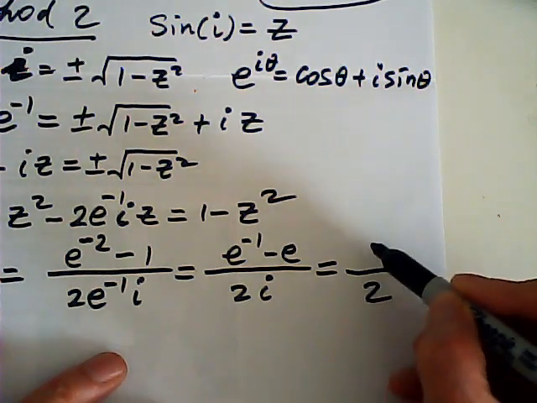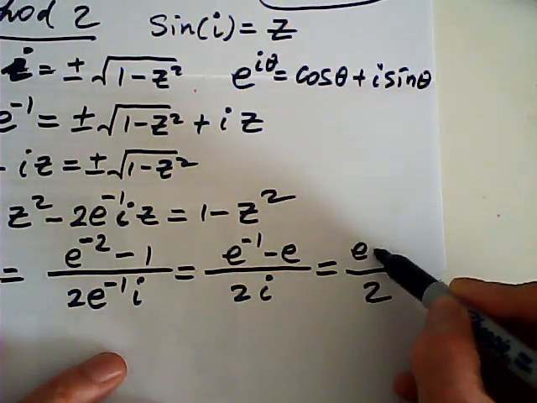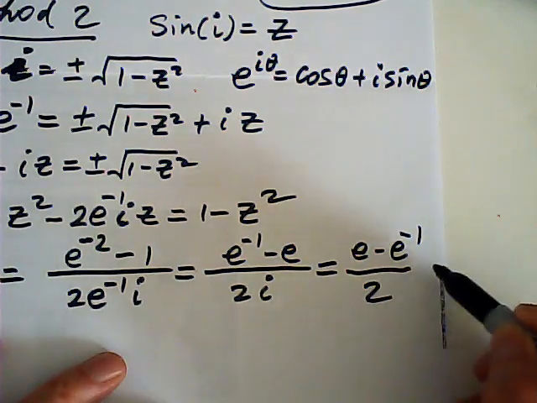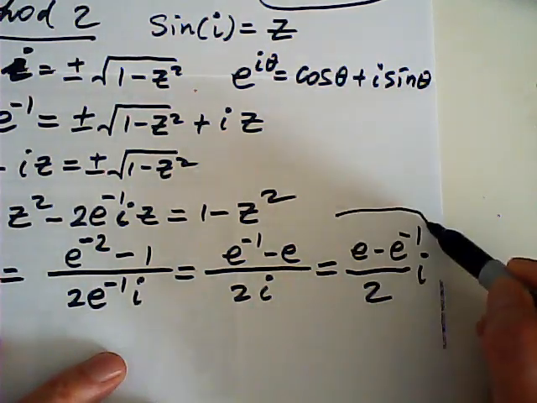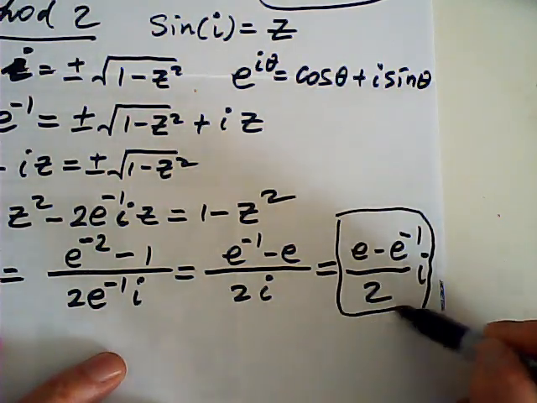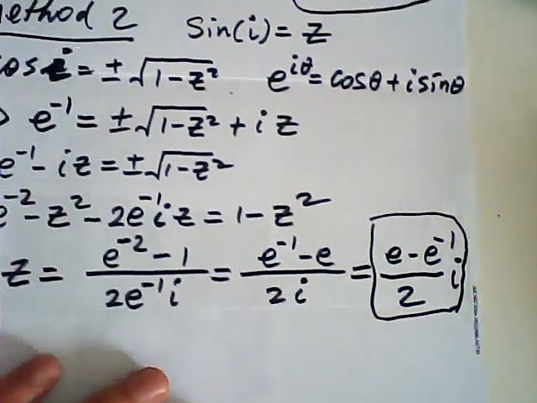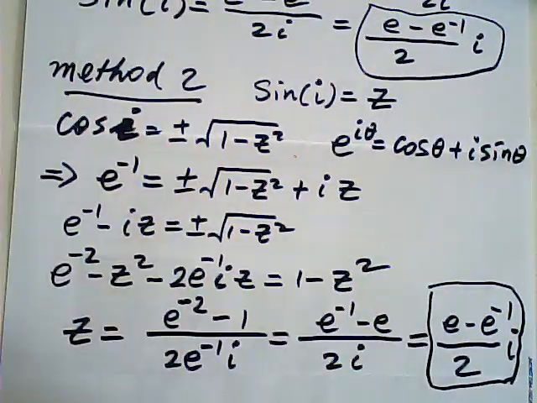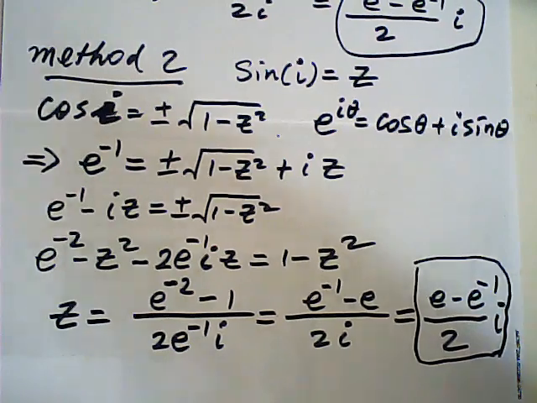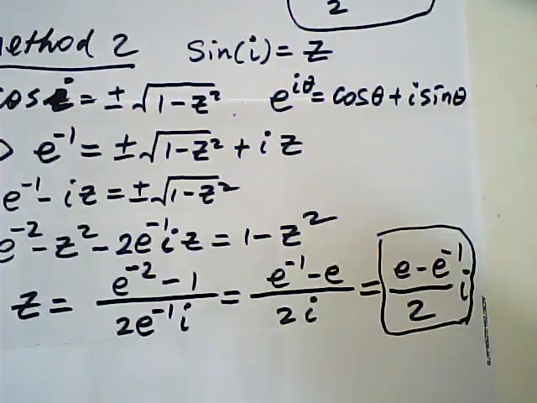So this is equal to (e minus e to the negative 1) over 2. So we get the same answer, but we're using different methods. Just another option, you can find the result.